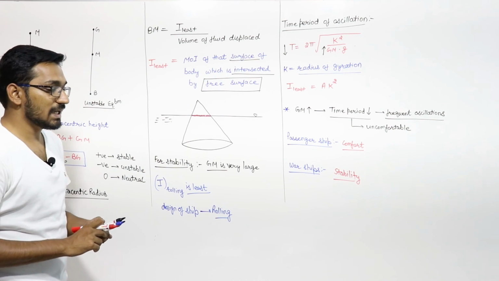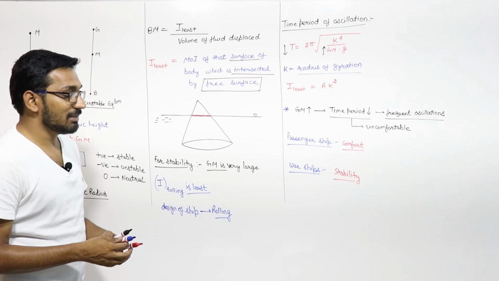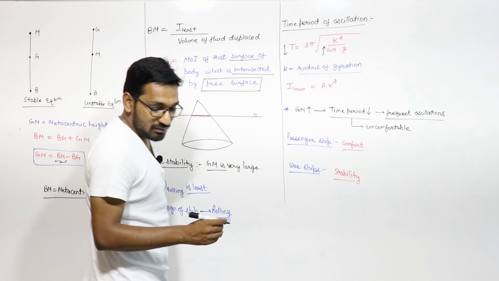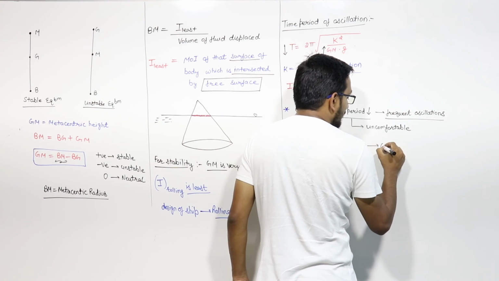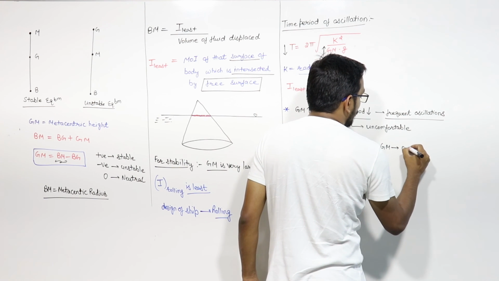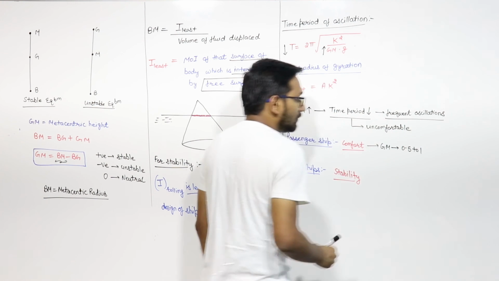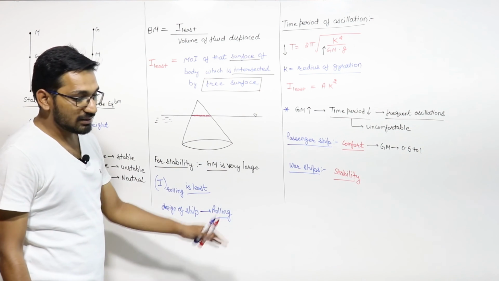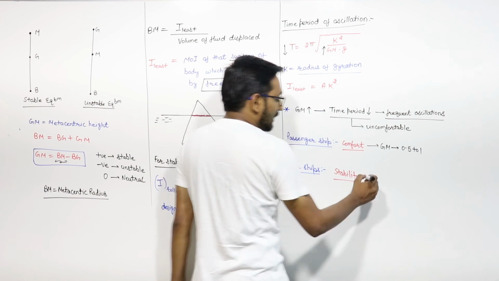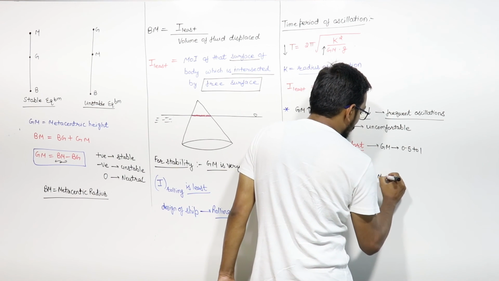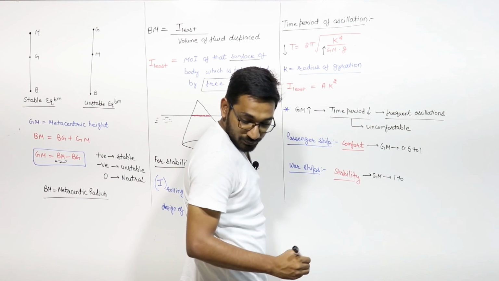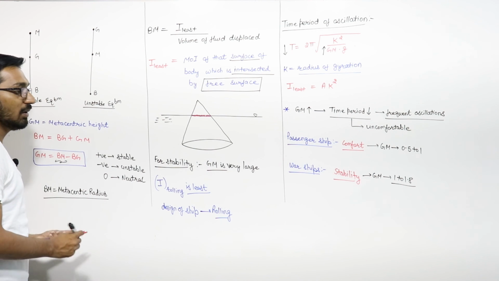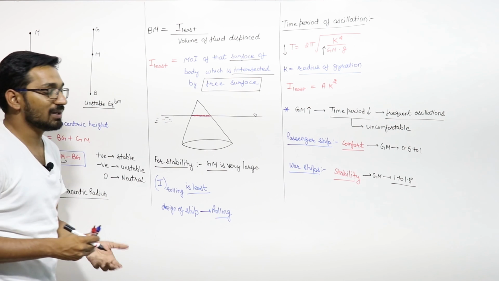We want stability. So in the warship, the metacentric height is more than in the passenger ship. Generally in the passenger ship, the metacentric height will be around 0.5 to 1, and in the warship it will be around 1 to 1.8, because in warships we want more stability.